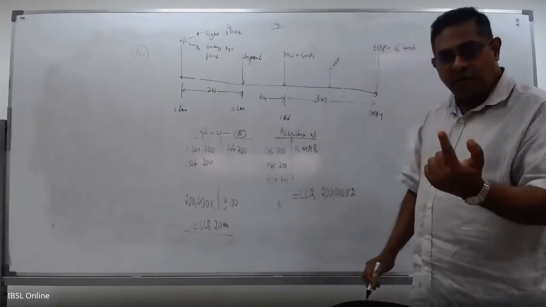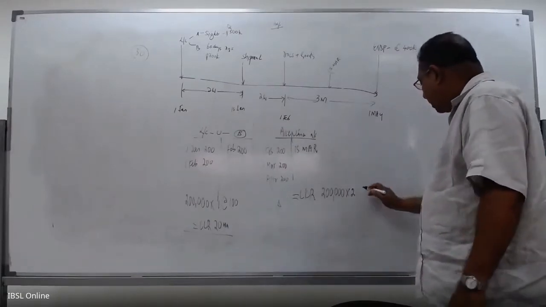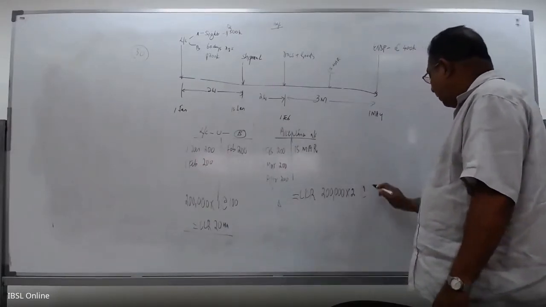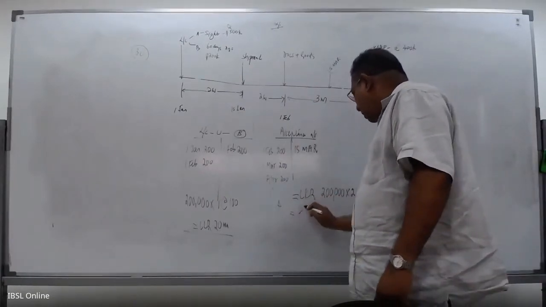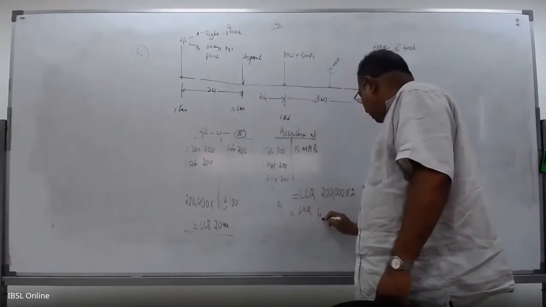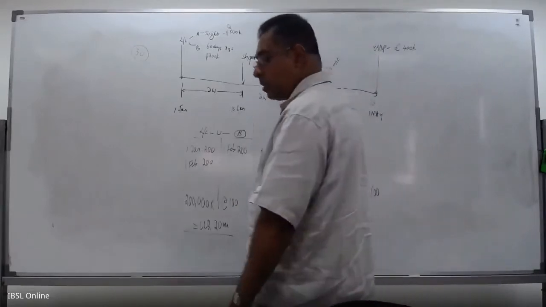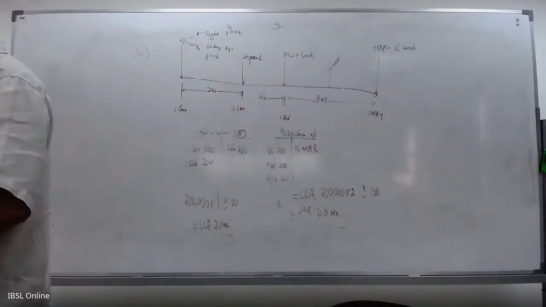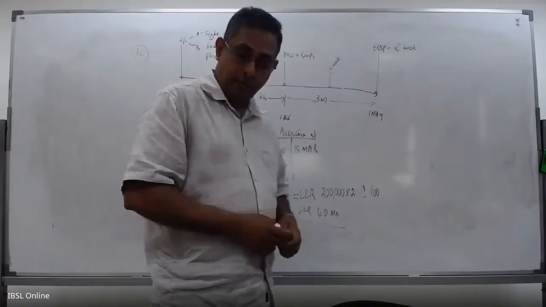That is 1.5 months rounded up, at the rate of 100. That is 40 million.